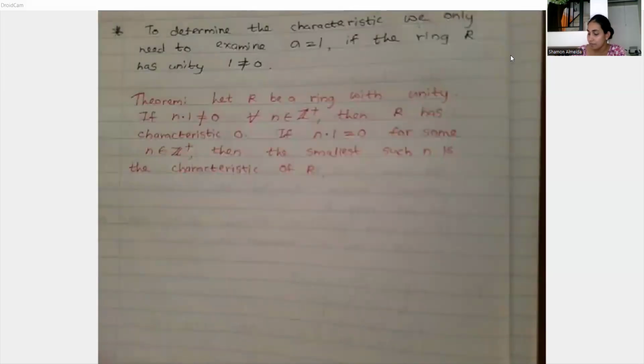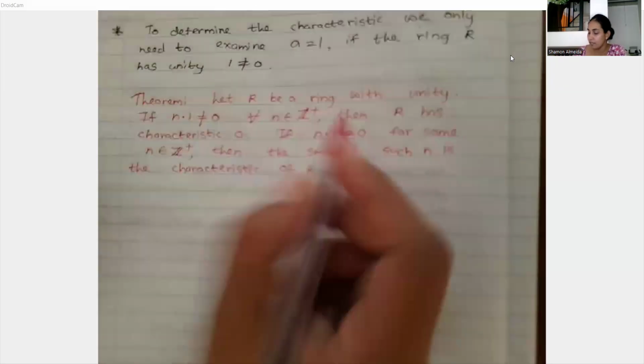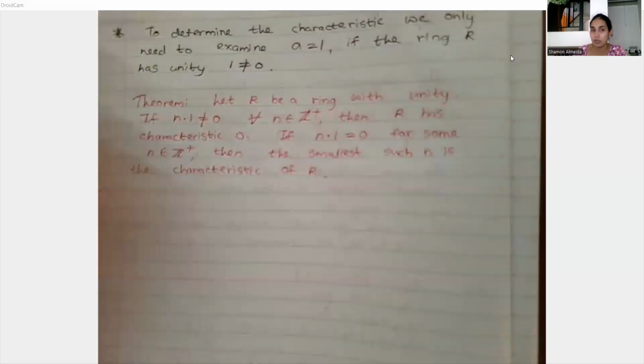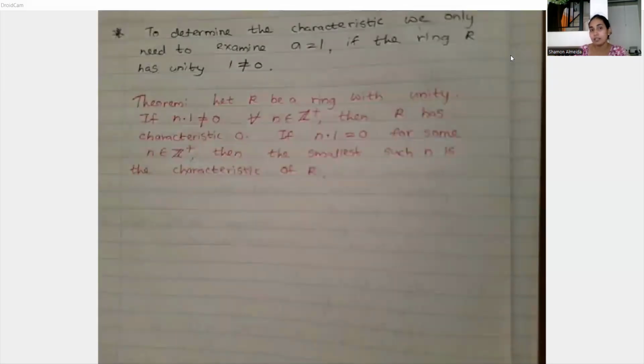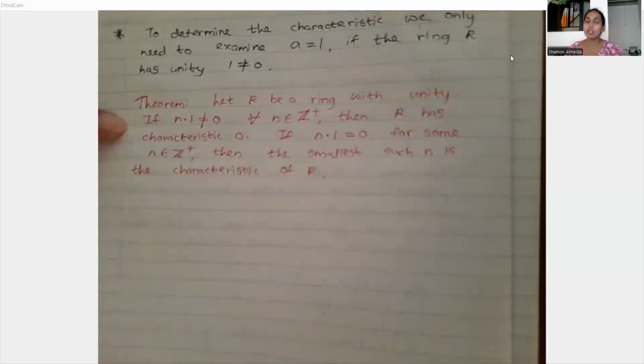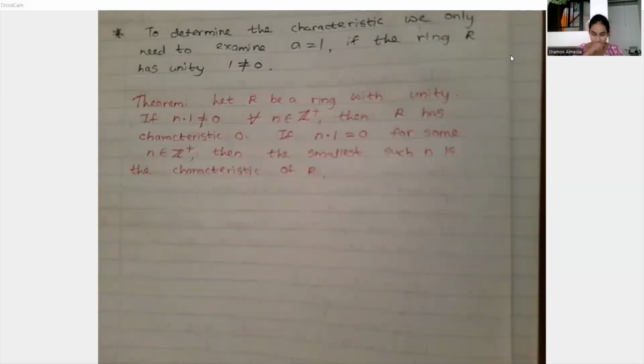On the other hand, if for at least one element we don't have n times that element equal to 0, then the characteristic of that ring is 0 by definition. How do we prove this? The theorem tells you that you don't actually have to go looking through all the elements in the ring to determine what the characteristic is. You only have to look at the unity, if the ring contains it.